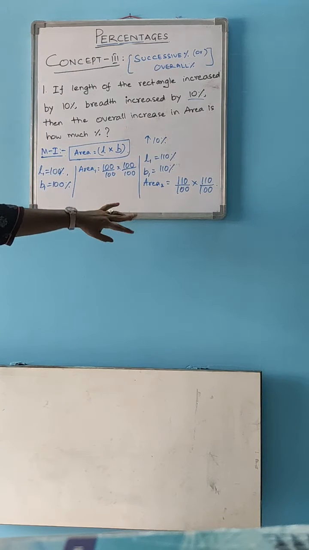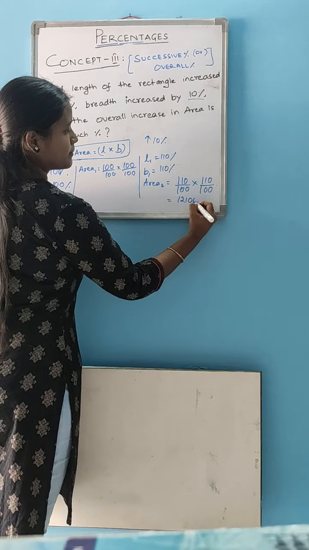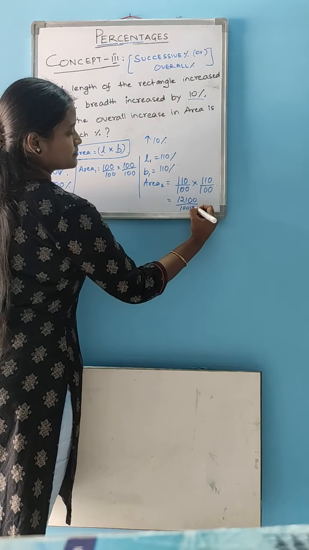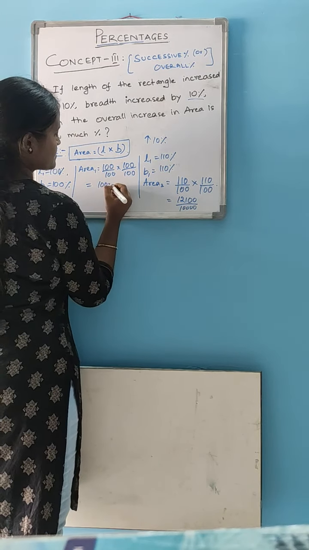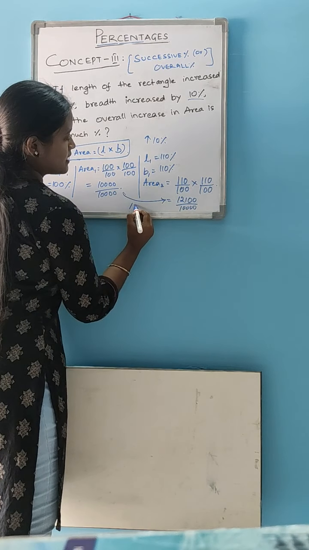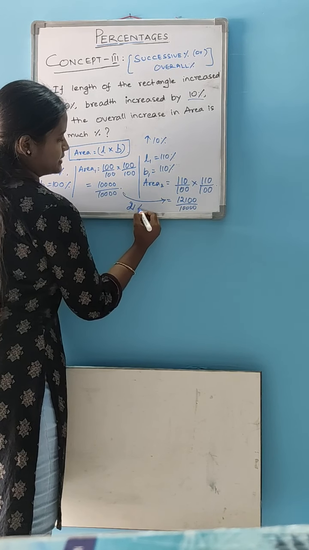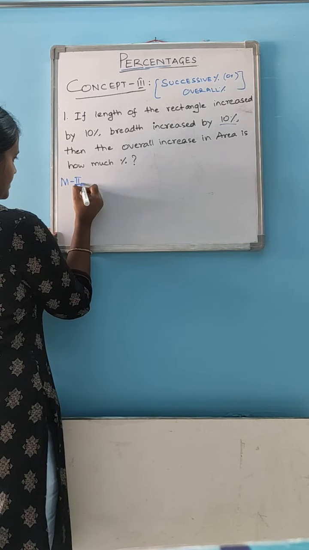So here now clearly you can see that it is 121,000 by 10,000 and here also 100,000 by 100,000. That means here clearly you can see that the increase is 21%.